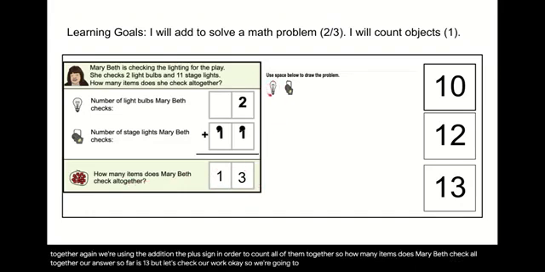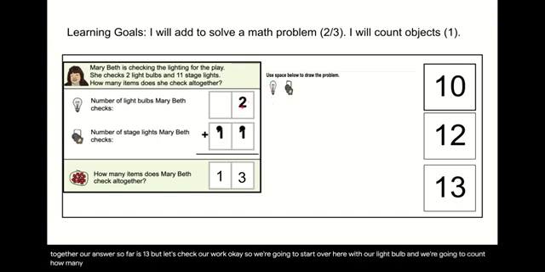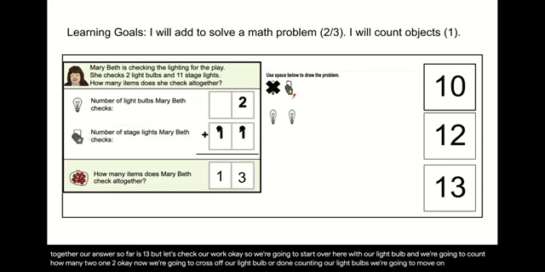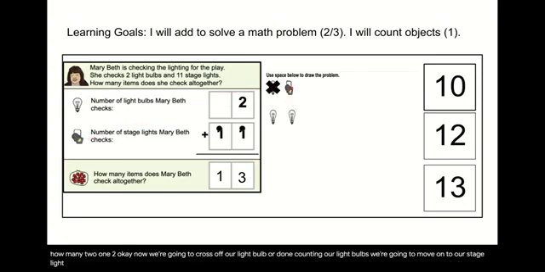Okay, so we're going to start over here with our light bulb, and we're going to count how many? 2. 1, 2. Okay, now we're going to cross off our light bulb. We're done counting our light bulbs. We're going to move on to our stage lights. Okay, so let's count together. How many do we need? 11.